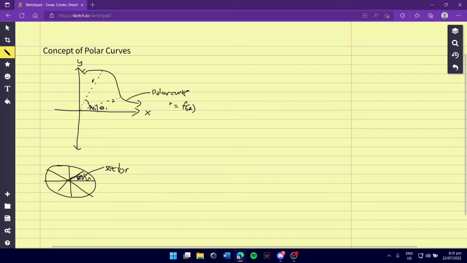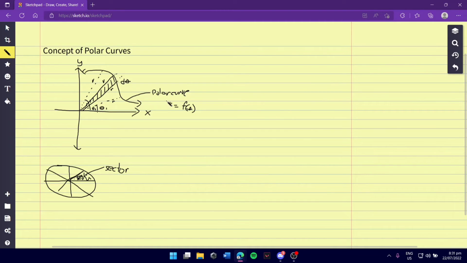So we will create here your sector or your sector strip like that. This is now your sector strip. So this is now your r, your radius, and this is now your radius, and then the thickness of your circle is your d theta.